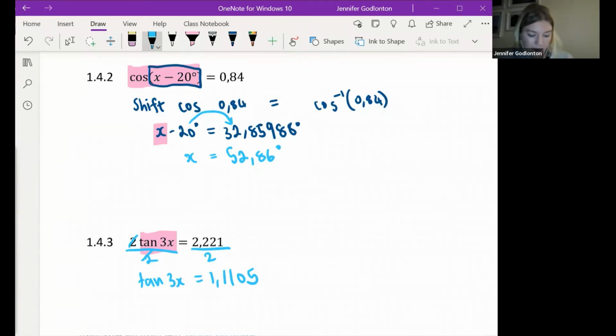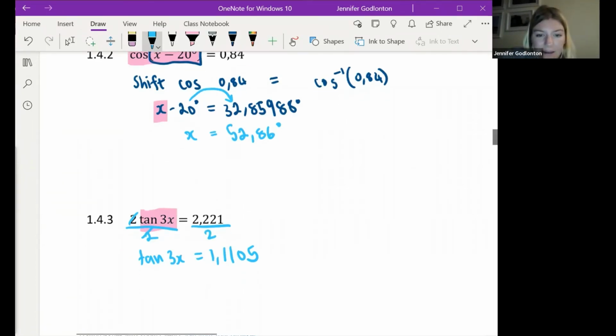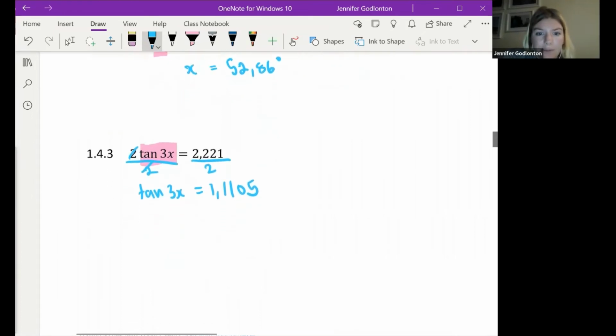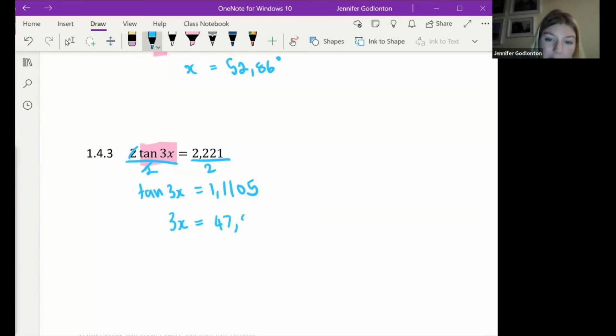All right, from here, we can now jump into our calculator. So at this point, we can say shift tan 1,1105, close that bracket, and we get 3x is equal to 47,99711. That'll be enough decimal places for us.